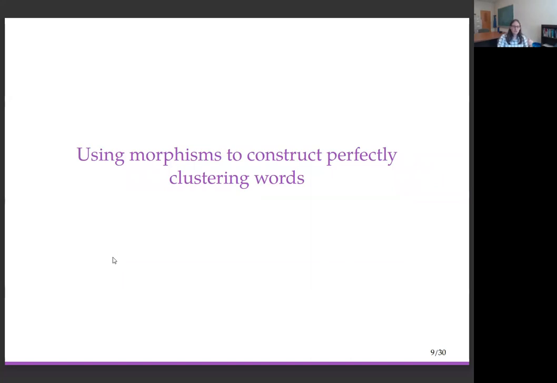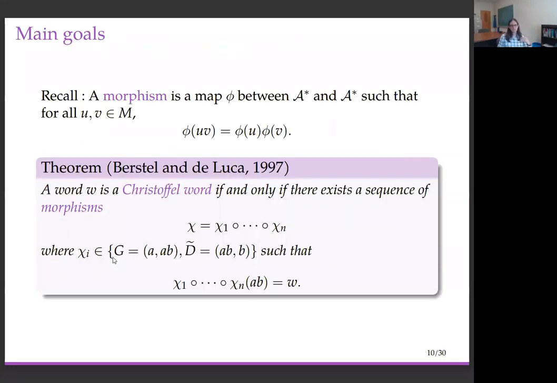The first thing that we wanted: for Christoffel words, we know that if we use some morphisms, namely the morphism G, which sends A to A and B to AB, and D tilde, which sends A to AB and B to B, you can construct a sequence of morphisms starting from AB, such that you will obtain the word W. This was already known by Berstel and De Luca.